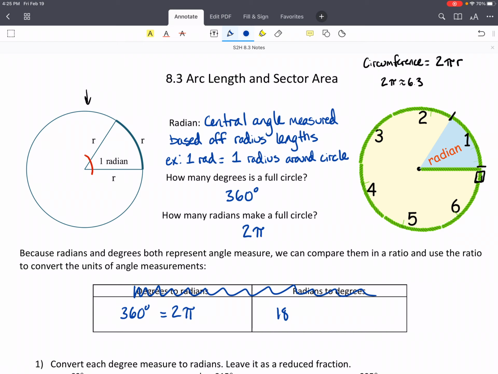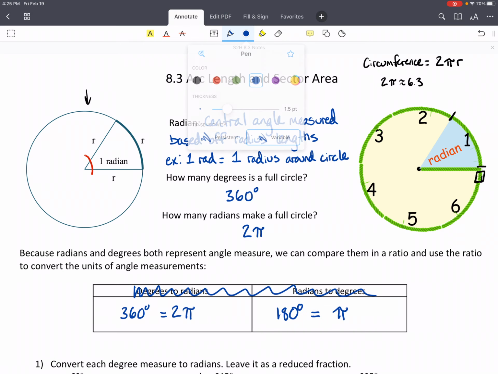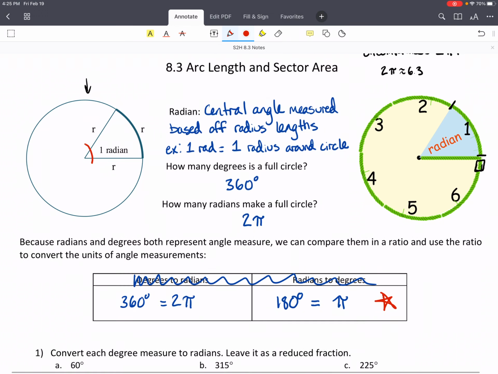If I divide both by 2, 180 is equal to pi radians, and that's going to be our most useful conversion factor.